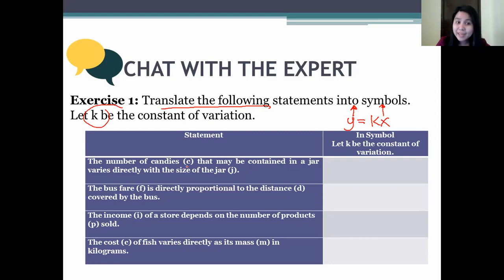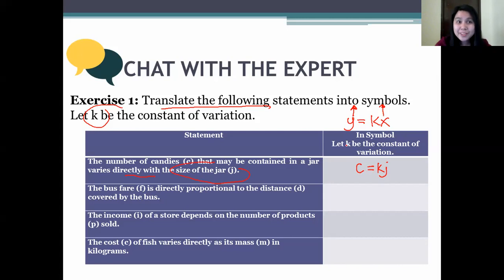The number of candies that may be contained in a jar varies directly as the size of the jar. So we write in a mathematical sentence that C equals KJ. If we read it, the number of candies varies directly as the size of the jar.